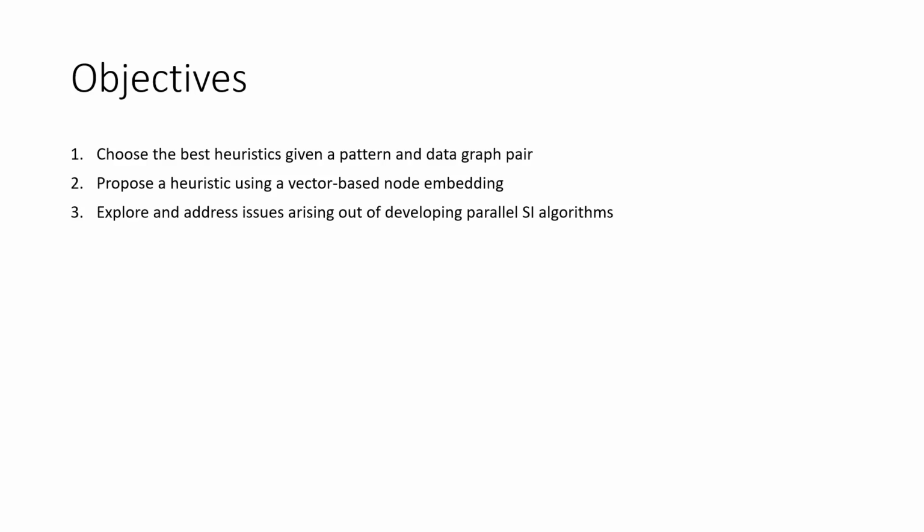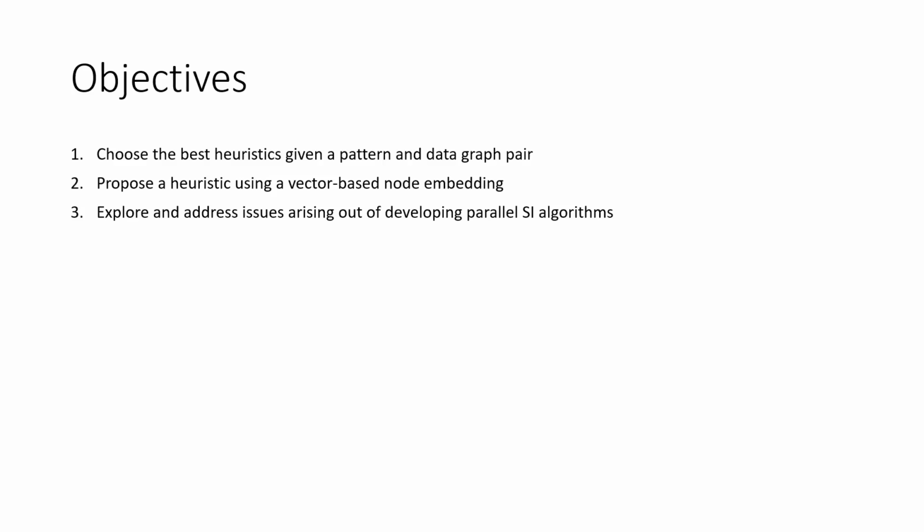So the aim here would be to create a system that can dynamically choose the best heuristic during the search process to give me some kind of speed up compared to the solutions that are available in literature.